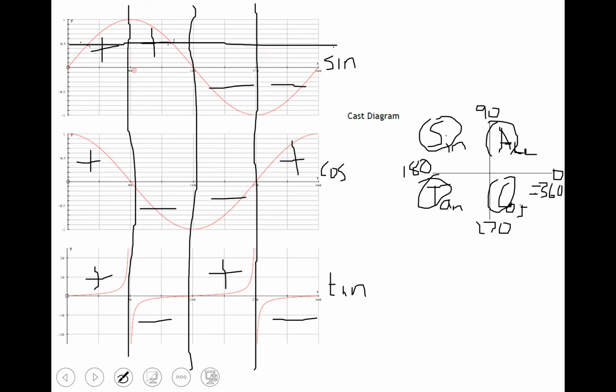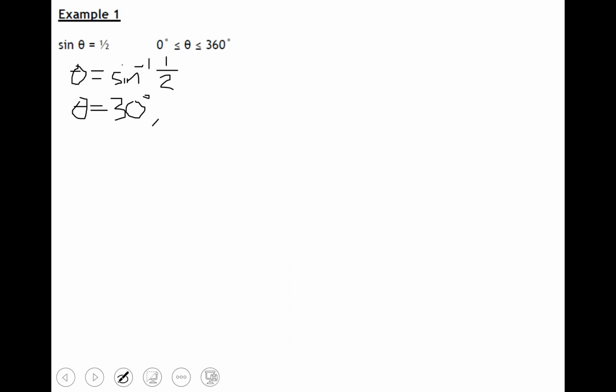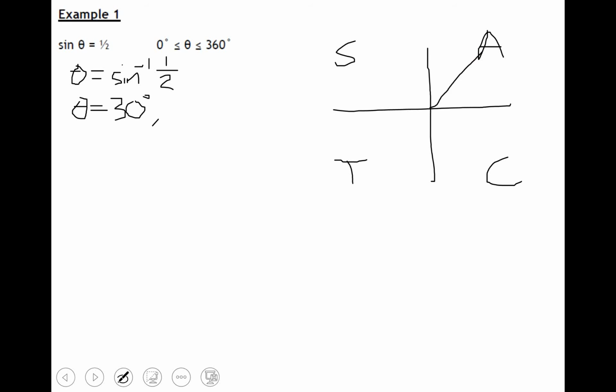In fact, sketching a trig graph is one way of solving this, but in that case you would have to learn the shape of all 3 trig functions and remember which one is which at all times. However, the cast diagram can allow us to find the second solution by just remembering one diagram. So we draw the cast diagram, we have 30 degrees, so it's in the 0 to 90 quadrant. We don't need to draw it precisely, just a simple sketch will suffice. In this case we're working with sine, and it's equal to something positive.